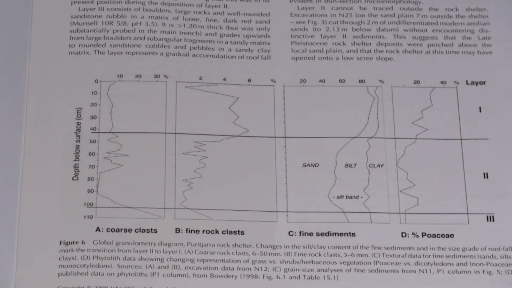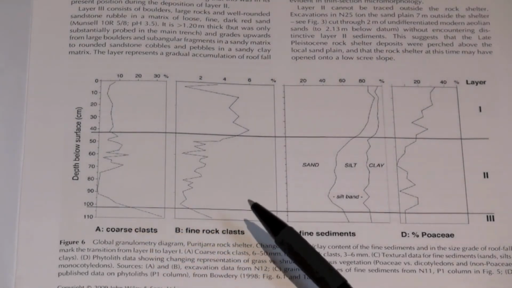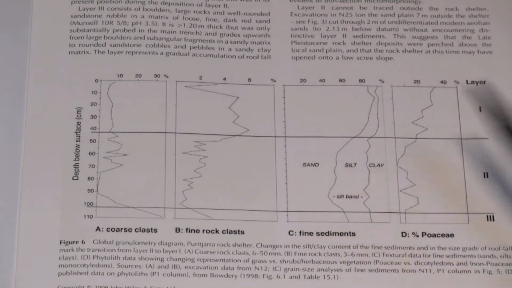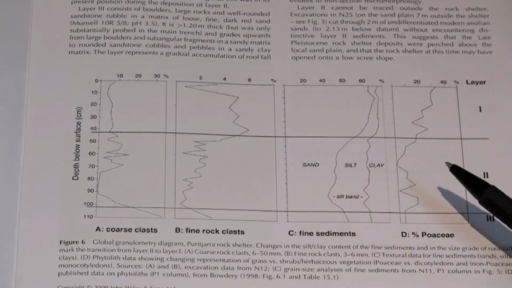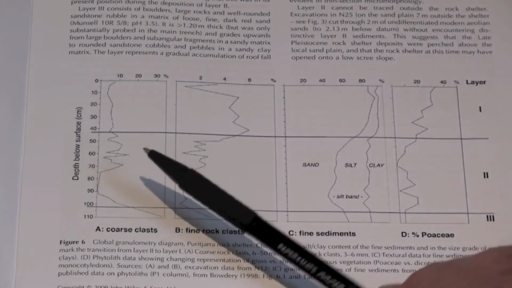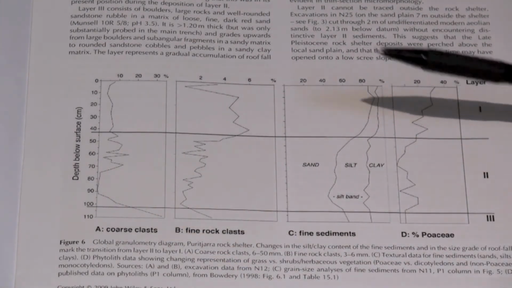Okay, this is a global diagram from Puritjarra rock shoulder. It shows the changing proportion of coarse rocks and gravel, and the fine sediments in terms of sand, silt and clay, and also the proportion of grass in the phytolith column. And what it shows is, on a global diagram like this, you can see a whole series of related changes between layers 1 and 2 at about 8,000 years ago.